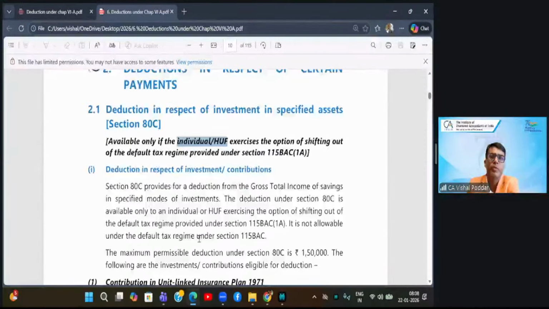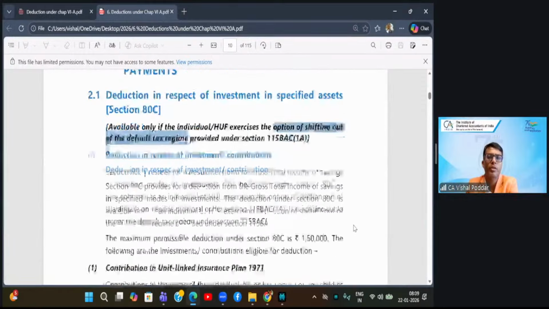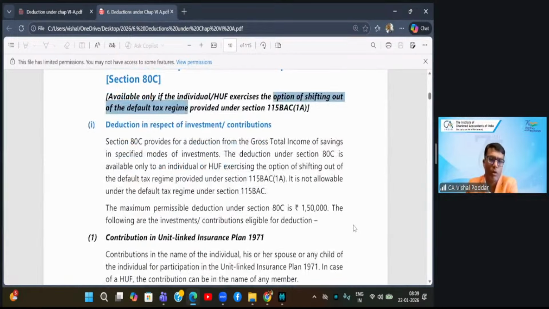The individual or HUF may be resident or non-resident because here the resident condition is not given. So when the resident condition is specifically not given, it means the payment may be made by a resident person or a non-resident person. But who that person should be? It should be an individual or HUF. Most important, as we already discussed, it is allowed only under the old scheme. So under the default, that is the new scheme, this deduction is not allowed.